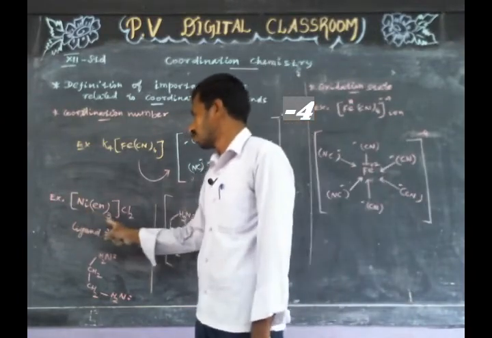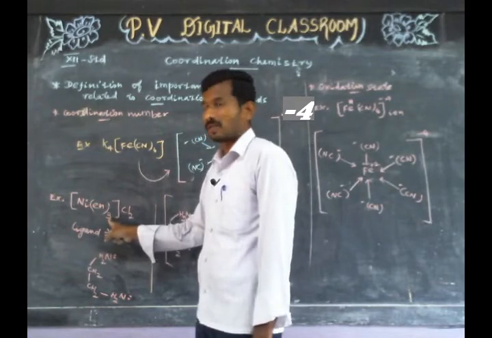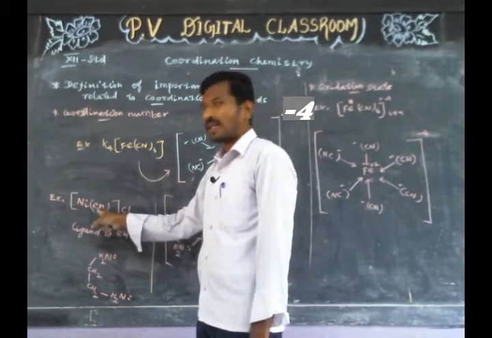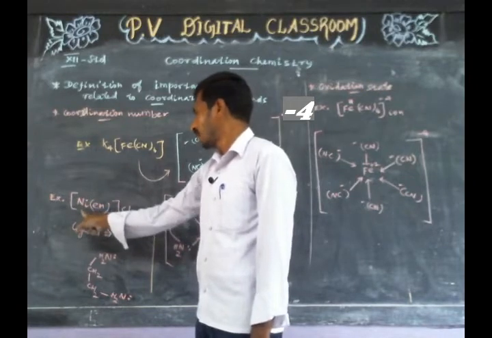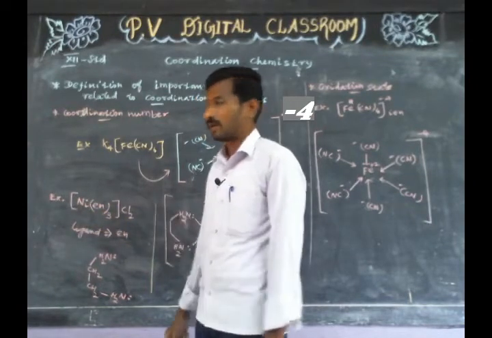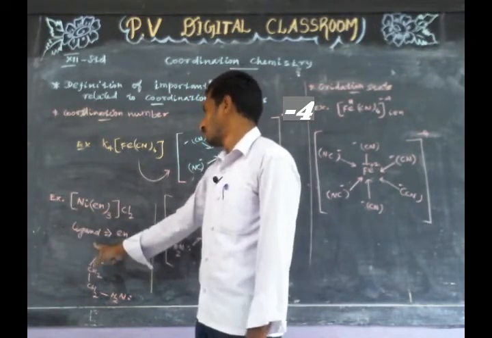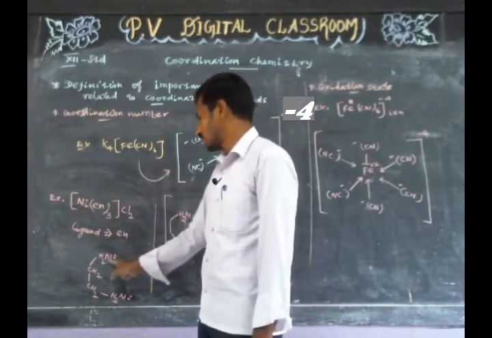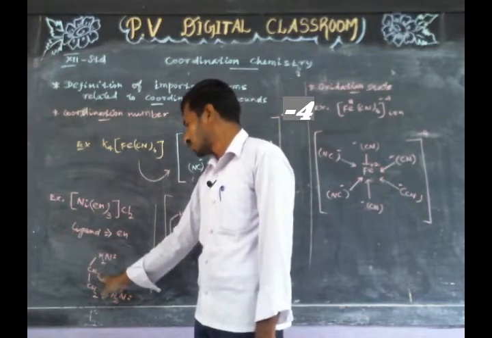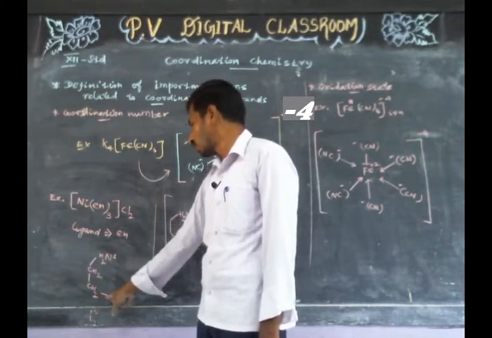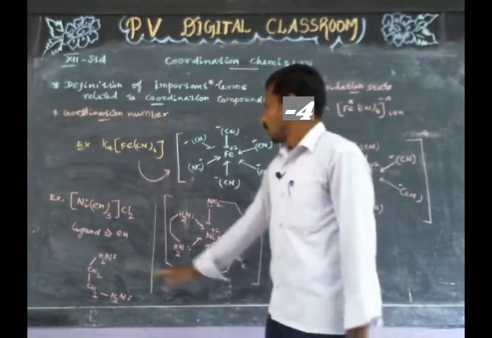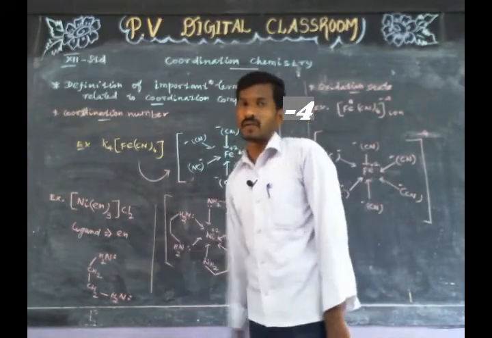Another example, tris(ethylenediamine)nickel(II) chloride. In this compound, the ligand is en, whose structure is NH2-CH2-CH2-NH2. It is a bidentate ligand.